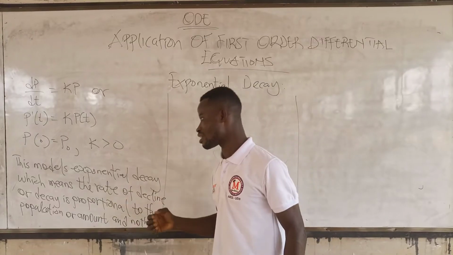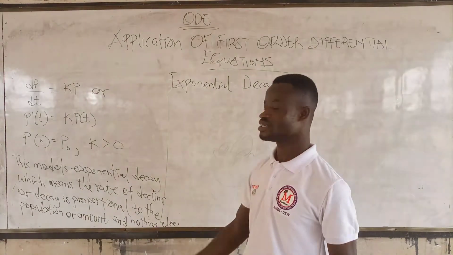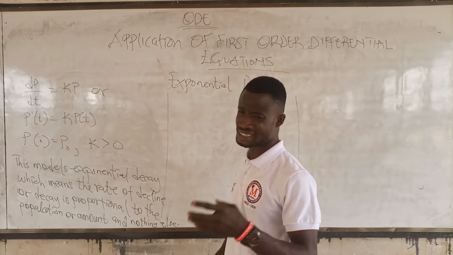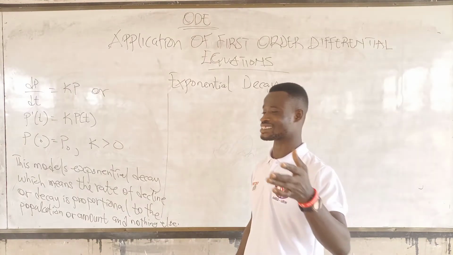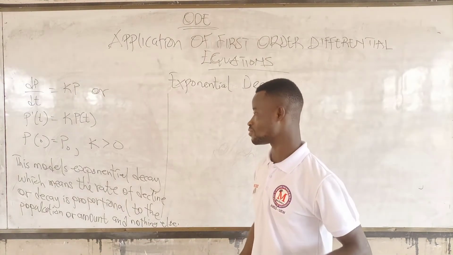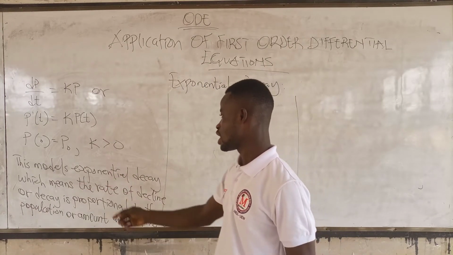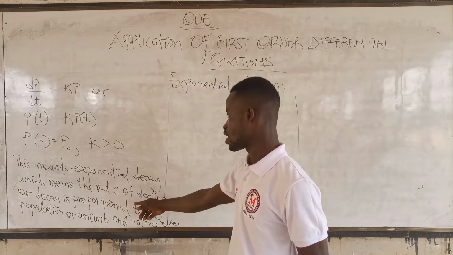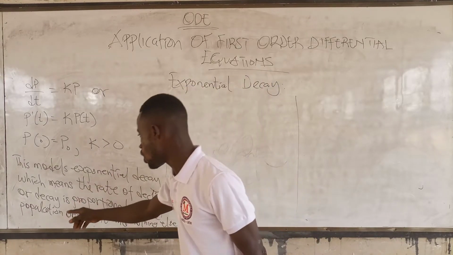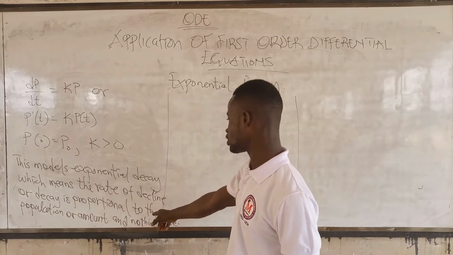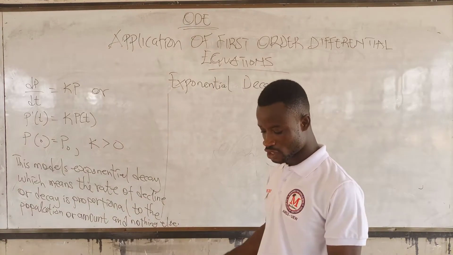But here we are assuming that k is greater than 0. That means that it can never be negative. Very good. But don't conclude on me. I'm also adding that it can be negative. Very good. This models exponential decay, which means the rate of decline or decay is proportional to the population or amount and nothing else.